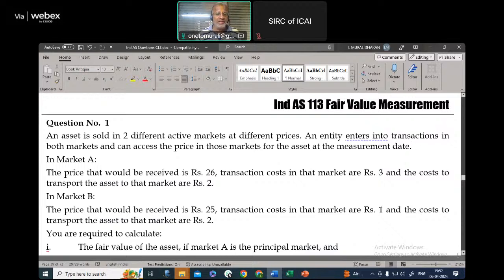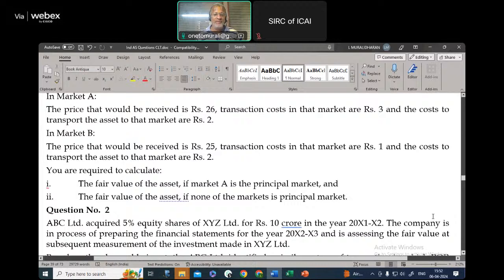In market A, the price that would be received is 26, transaction cost in that market is 3, and cost to transport the asset to that market is 2. In market B, 25, 1 and 2. You are required to calculate the fair value of the asset if market A is the principal market, and the fair value of the asset if none of the markets is the principal market.